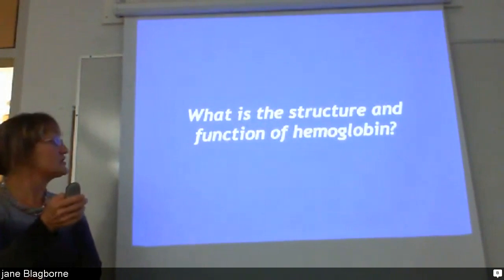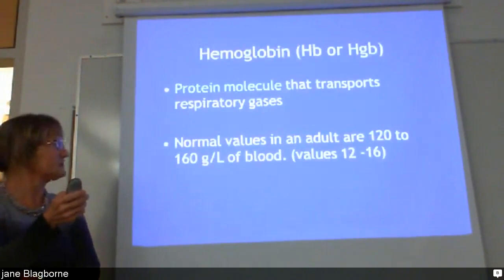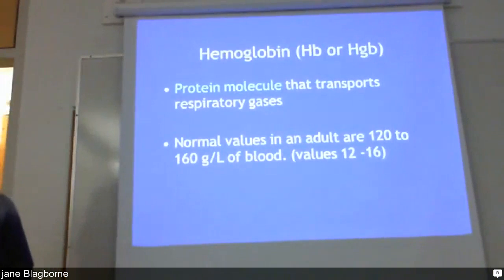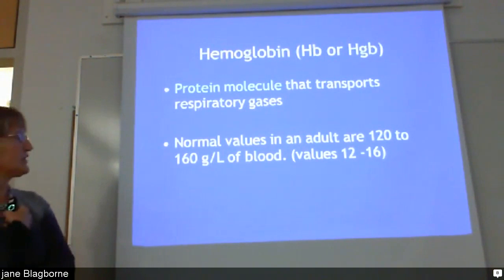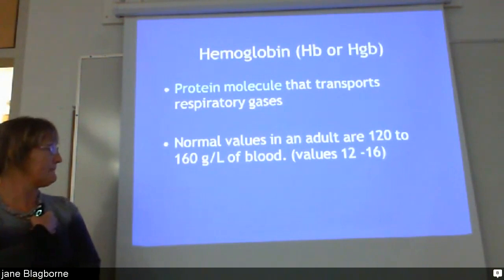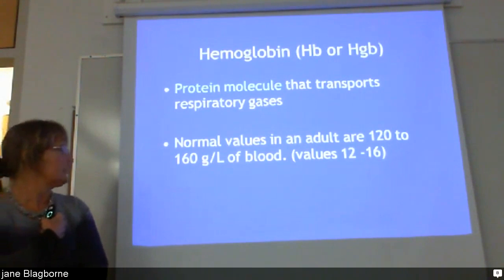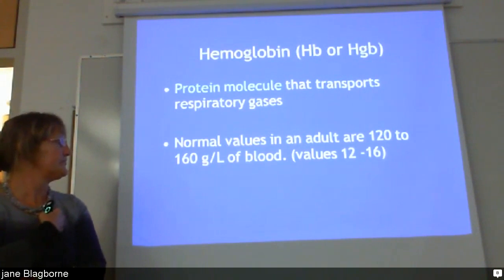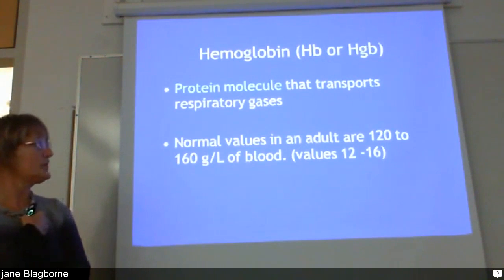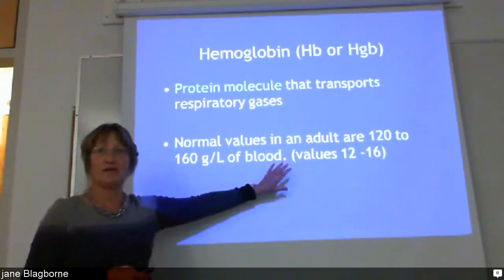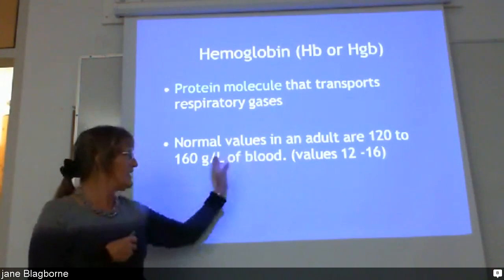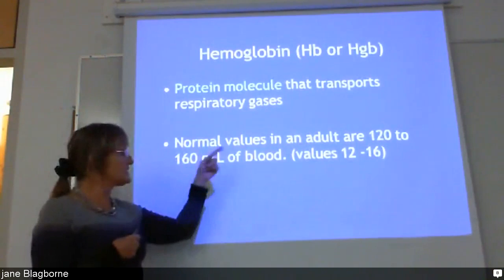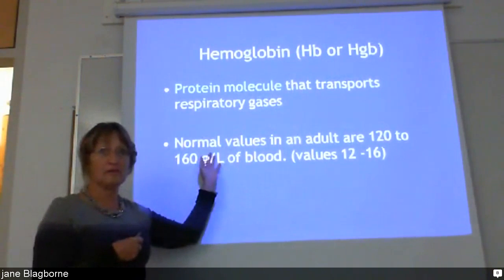So the structure and function of hemoglobin. Now hemoglobin is a protein molecule that transports oxygen, respiratory gases. Now when you go to the lab and you're just checking to see what your hemoglobin is, these values, the 160 and 120, are American values.